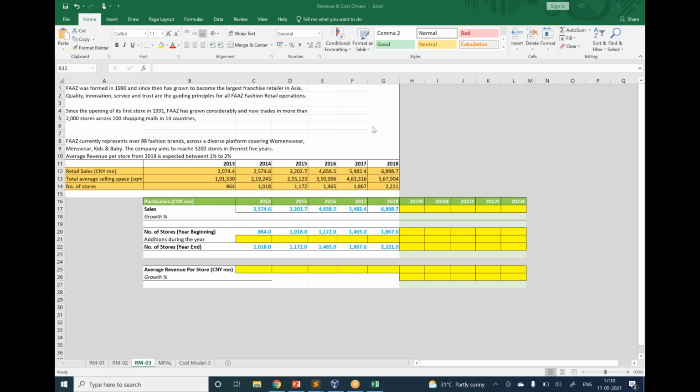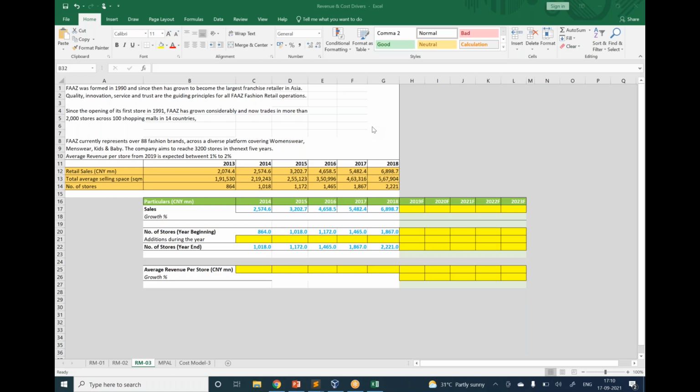No, it won't be the total number of stores. See, then why would they use the word average? Very good, Mayuri. Very good. So it equals revenue divided by the average of beginning and ending stores.